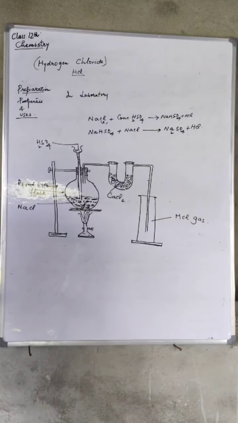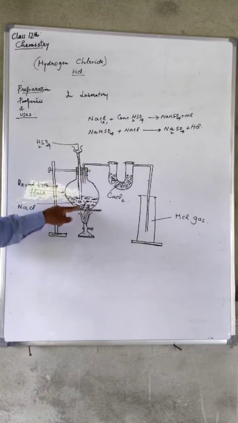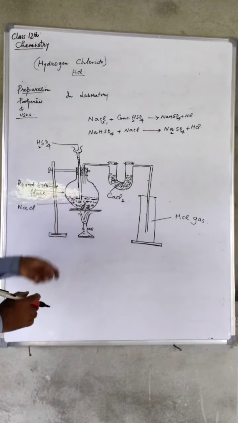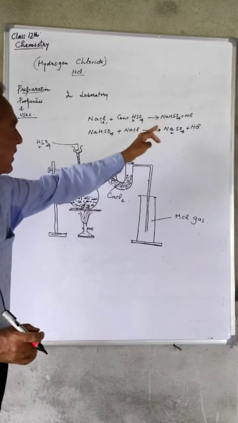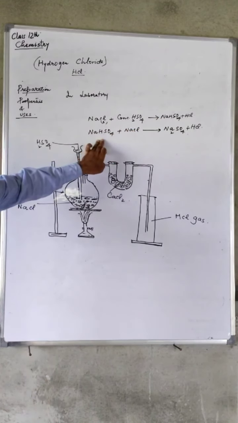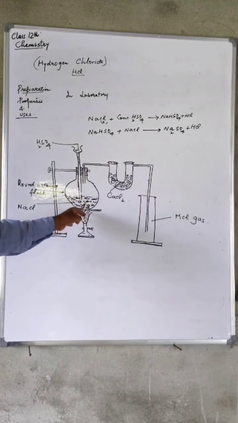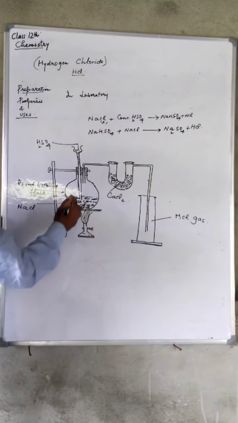Now, how is it prepared in the laboratory? We take a round bottom flask. In the flask, we take sodium chloride and sulfuric acid is added. The two react, they first form NaHSO4 and HCl. This NaHSO4, sodium bisulfate, again reacts with the sodium chloride present and forms HCl gas.